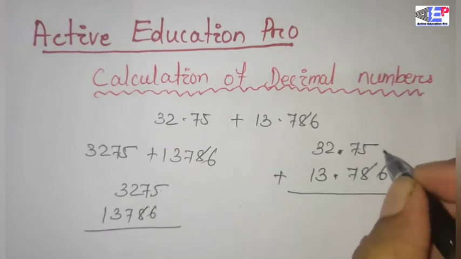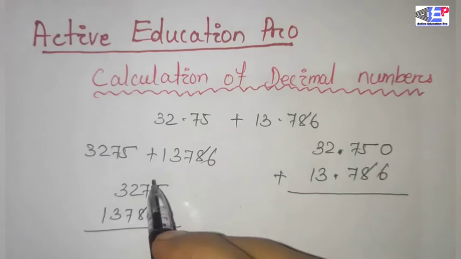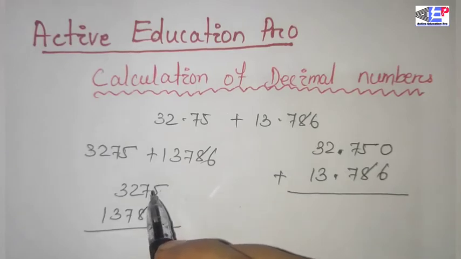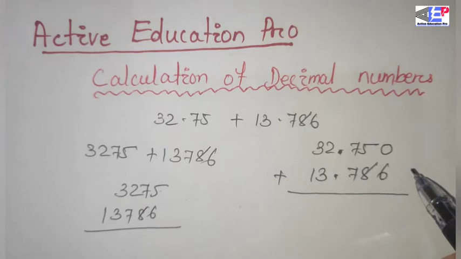So now add these numbers. There is nothing here, so you can put a 0. Another thing: a 0 at the left side of any natural number or whole number doesn't matter to us. Similarly, a 0 after the decimal point, at the extreme right end of any decimal number, doesn't matter for us.